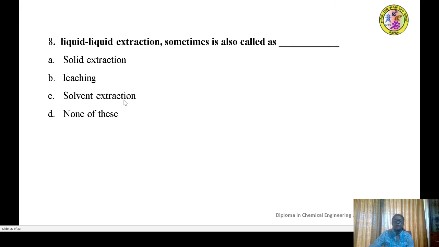Hope all of you guessed the right answer. It is the solvent extraction because here both are liquids. So solid extraction is not the right term. Leaching is also not the right answer because leaching is another name of solid extraction. It is the solvent extraction which is the right answer for this question.